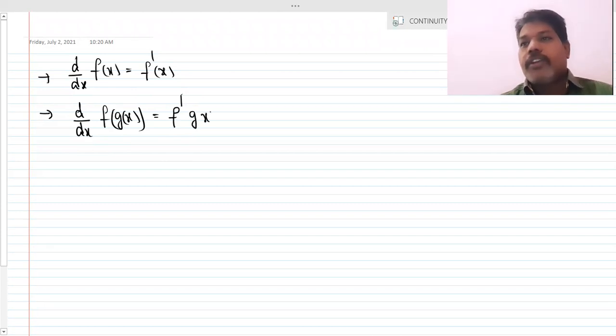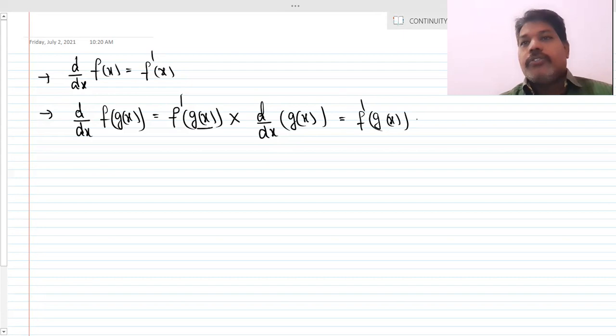The derivative is f dash of g of x into the derivative of g of x. That means it will become f dash of g of x into g dash of x.